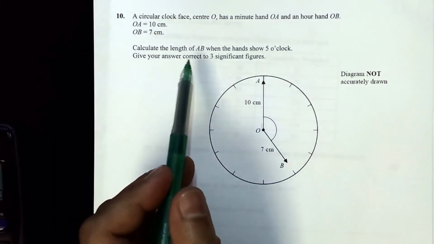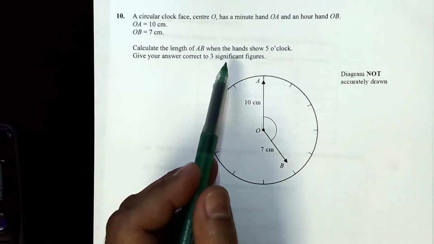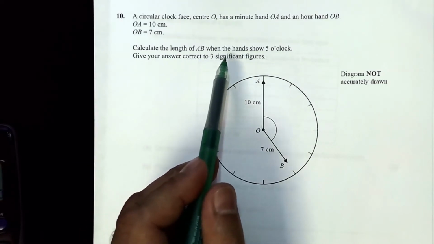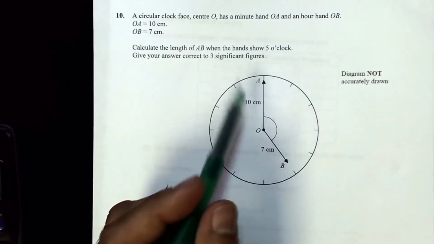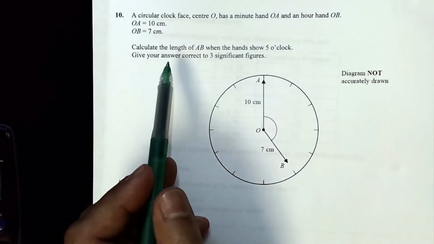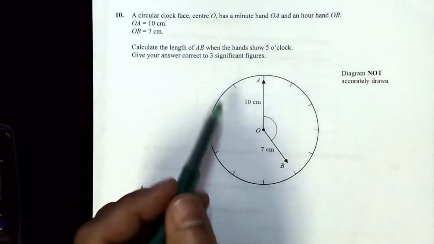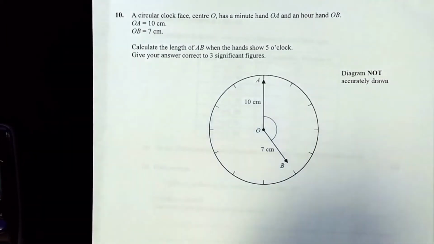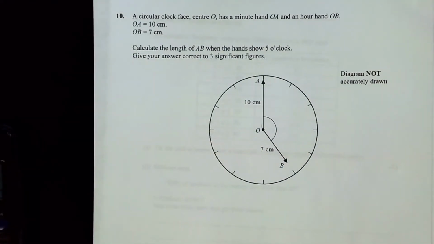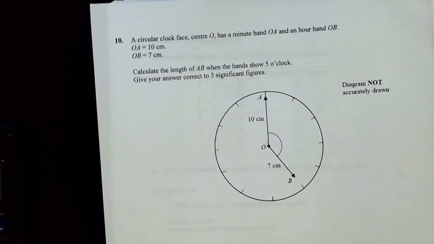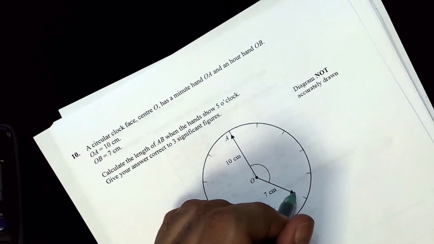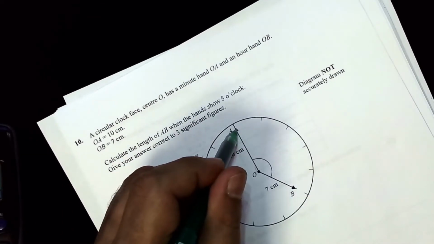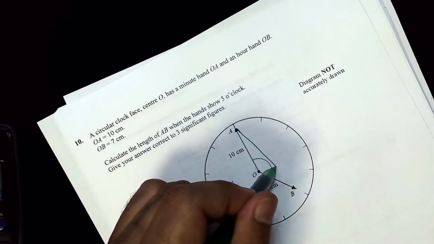Calculate the length of AB when the hands show 5 o'clock, like it does on the clock. It tells you OA is 10 centimeters and OB is 7 centimeters. What it's asking for is the length from A to B, so we're working out this length here.